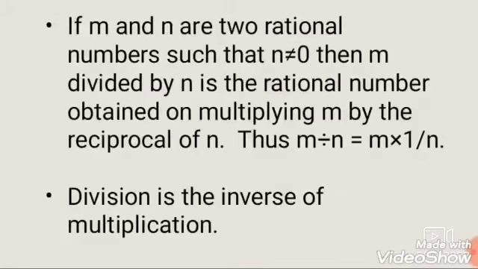Next we move on to the next condition. If m and n are two rational numbers such that n is not equal to 0, then m divided by n is a rational number obtained by multiplying m by the reciprocal of n.